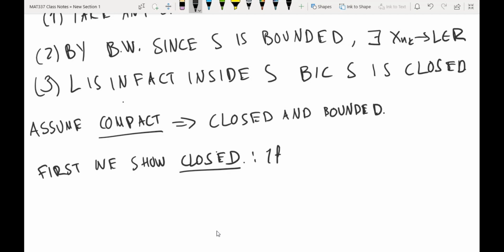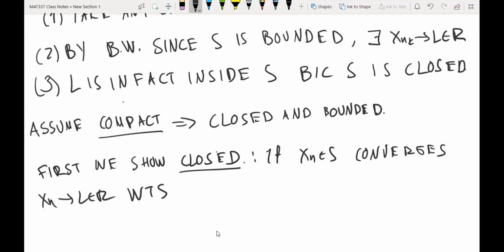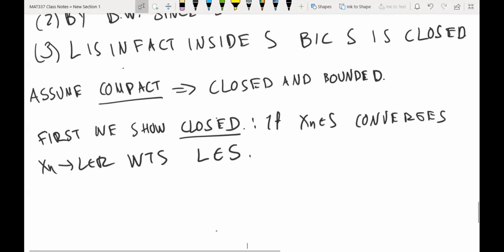If x_n in S converges x_n to L in R, want to show that L is in fact inside the set. So S contains its limit points.